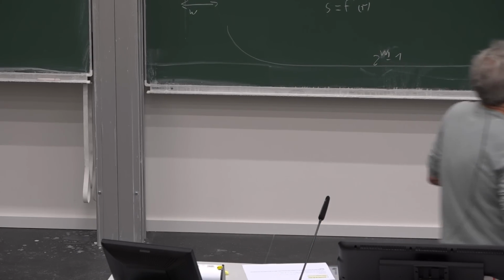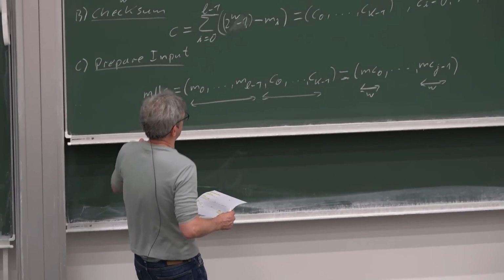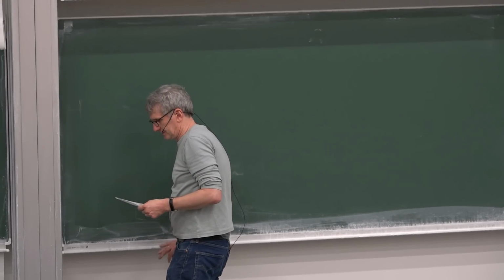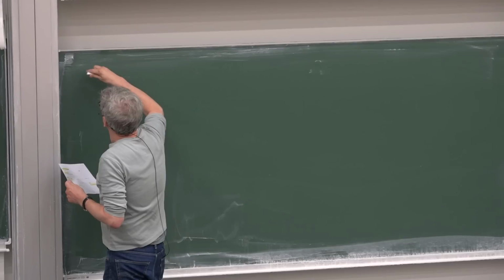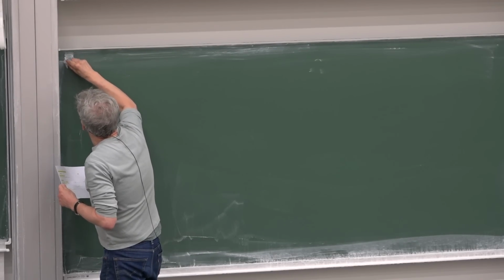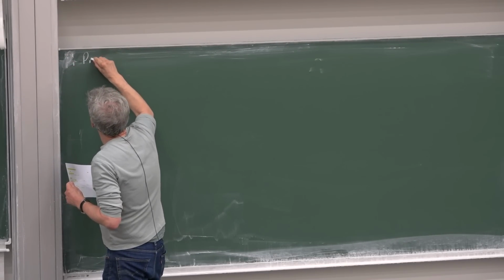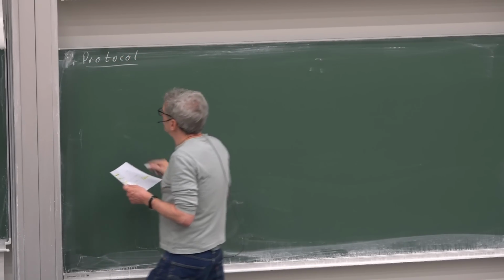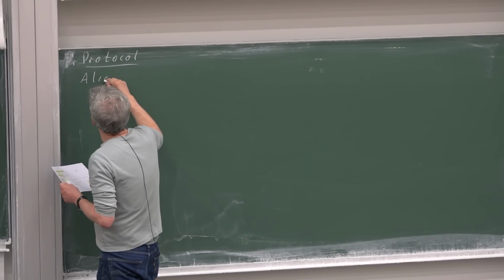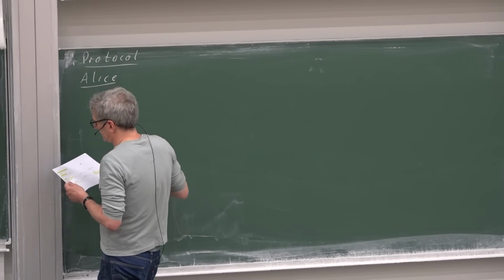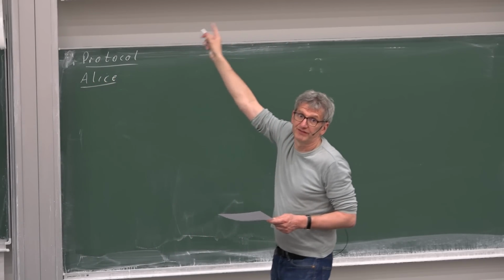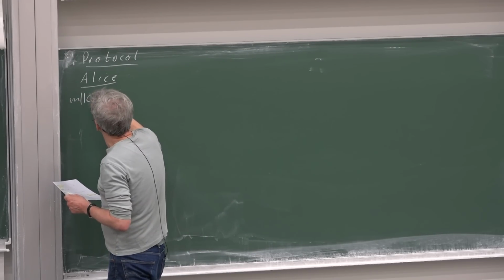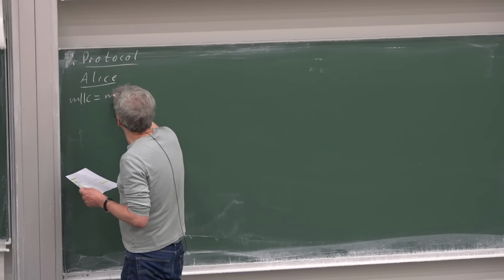Yeah, and now we are ready. We do the protocol. Okay, Alice. Alice has to do this stuff that we saw there. Alice has to generate M together with C, which is what we just wrote down.